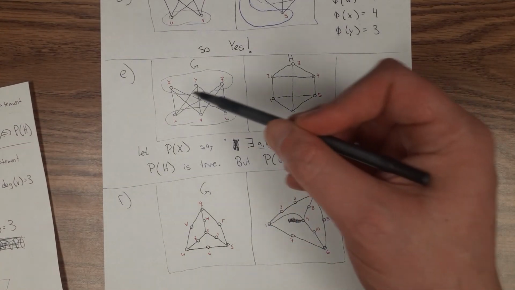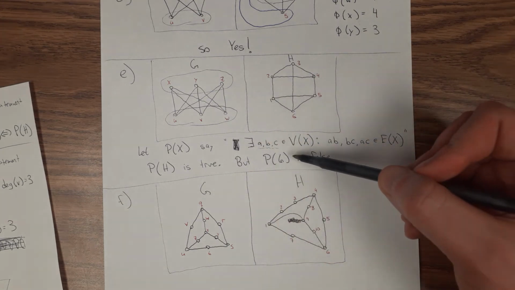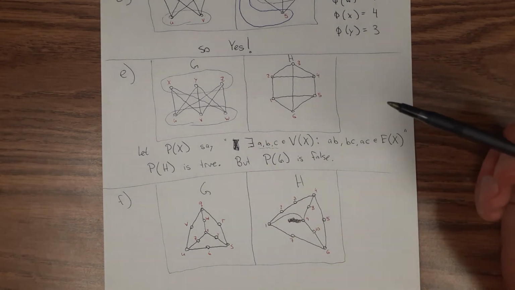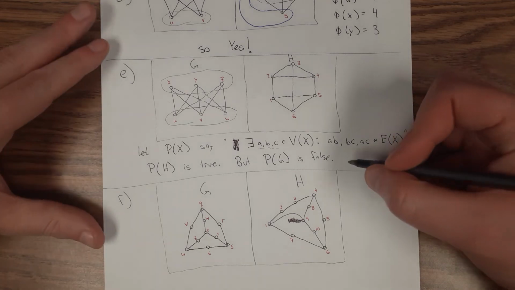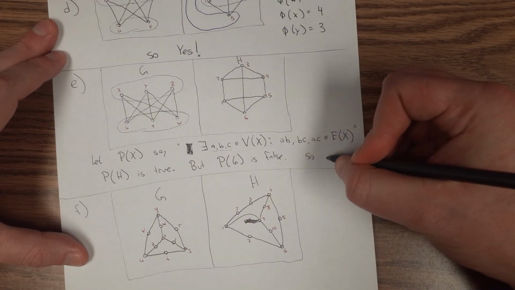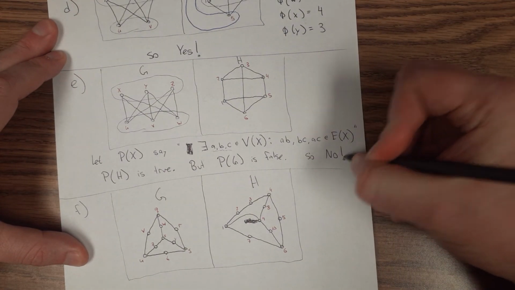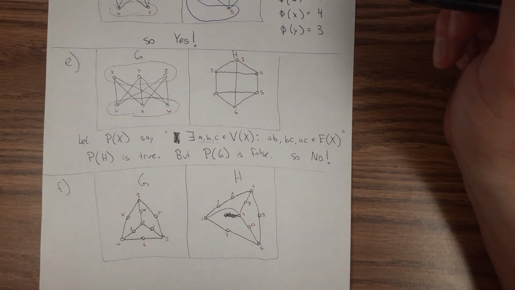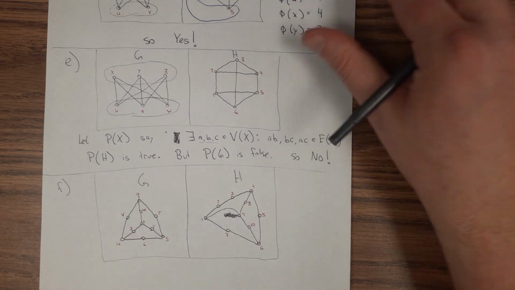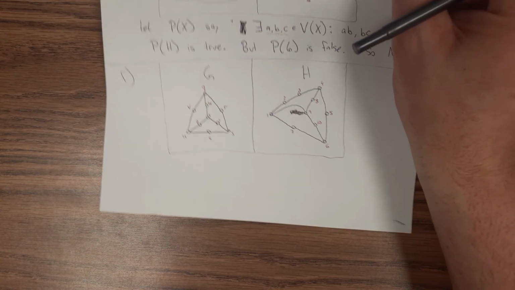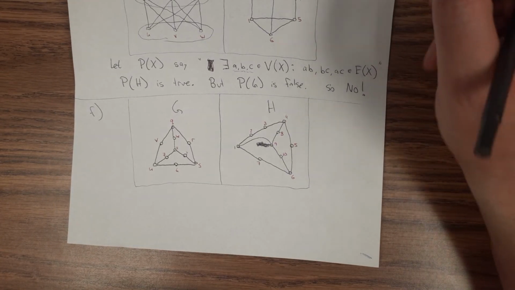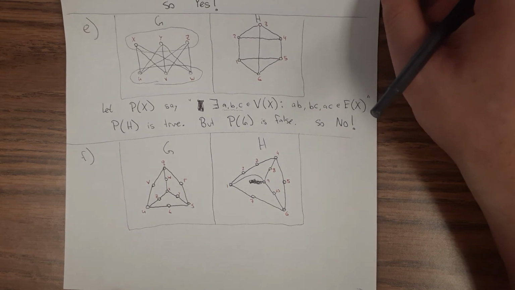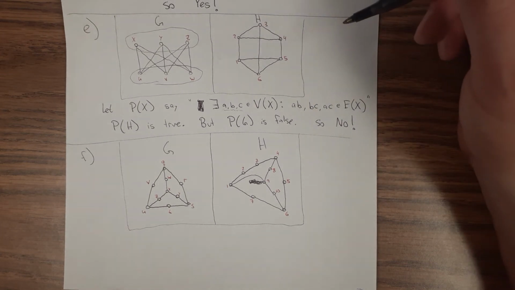For this property, P of H is true and P of G is false. So they can't be isomorphic. And that's what I was talking about. That is the slightly more sophisticated way to show that 2 graphs are not isomorphic.